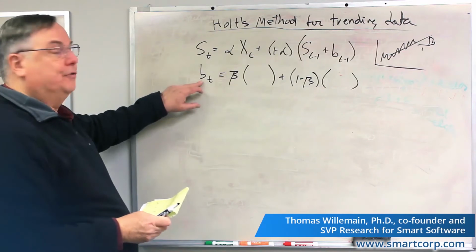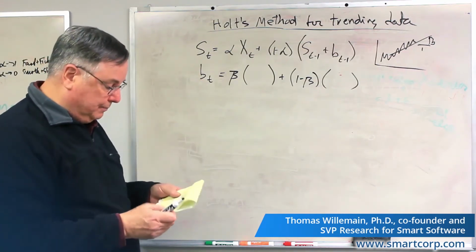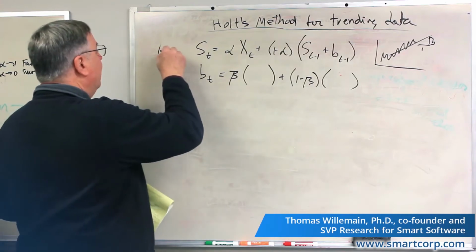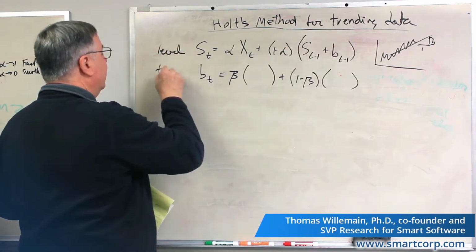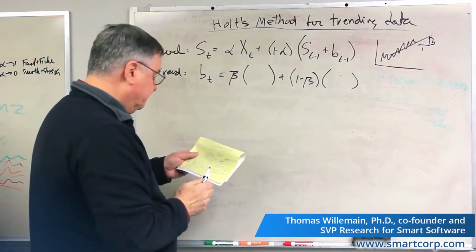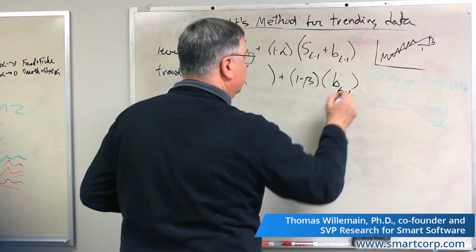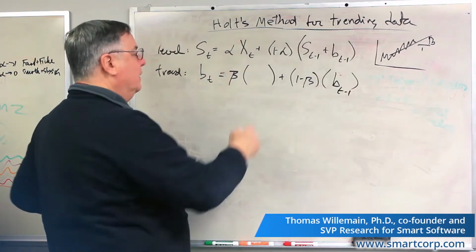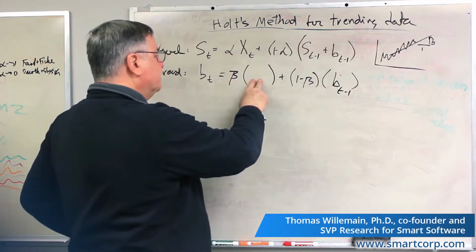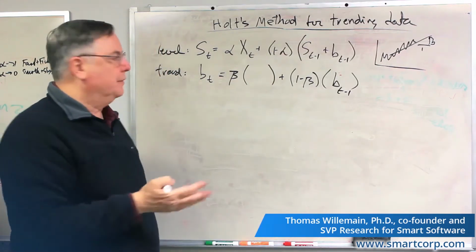And we're saying we'll do an exponential smooth on the trend values as well. So this is level, and this is trend. One equation for each feature. And what's in here is just our previous estimate of what the trend was. And here we have a new estimate of what the trend would be.